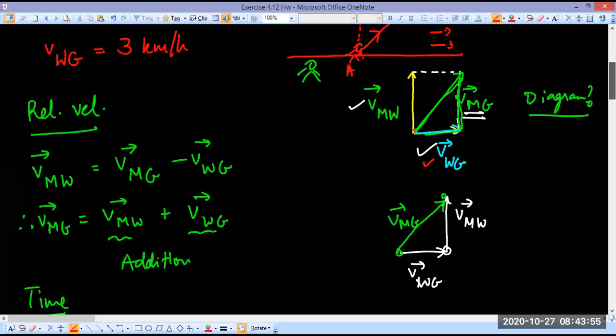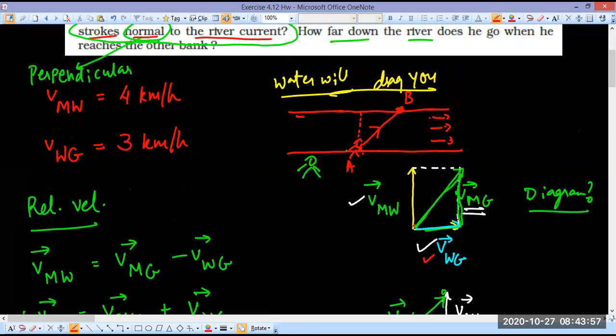Crossing the river is related to moving vertically in this diagram, not horizontal. Do you agree? How much time it takes to cross the river? Crossing the river means going from one bank to another bank. So that is related to this vertical. If you talk about it in form of axis, then I'm saying that crossing the river is related to y axis, not to x axis. Do you understand that first of all?